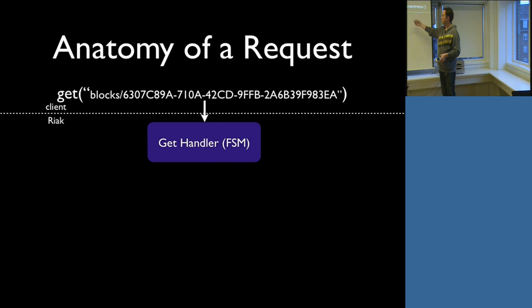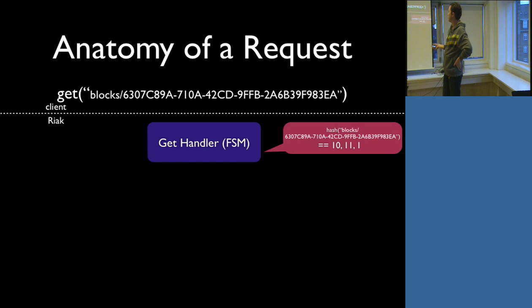Because of that architecture, we can represent individual concurrent events as individual threads without the need for thread pools or multiplexing different logical events across a smaller pool of threads. It leads to a very clean programming model. So the client's requesting this key. We spawn a process to handle the request.